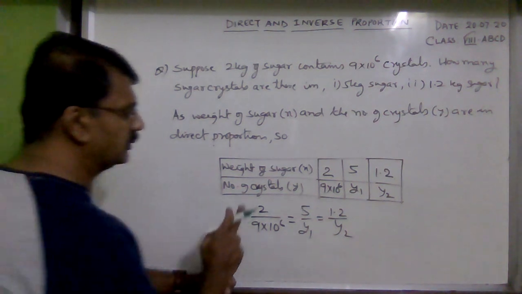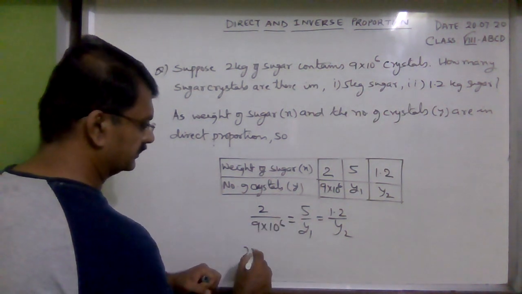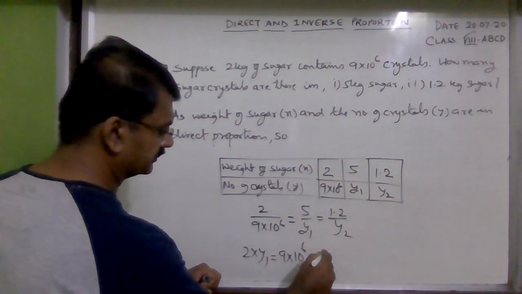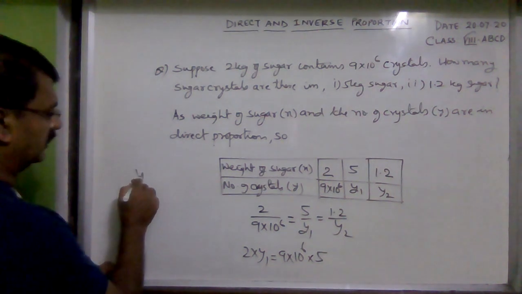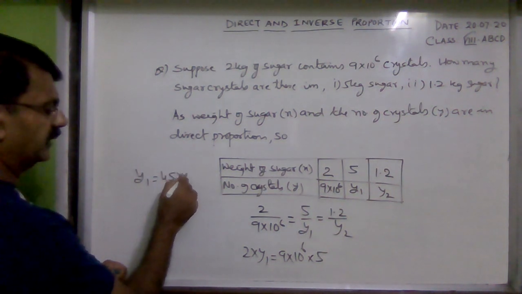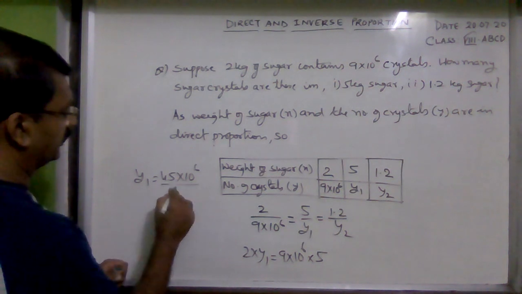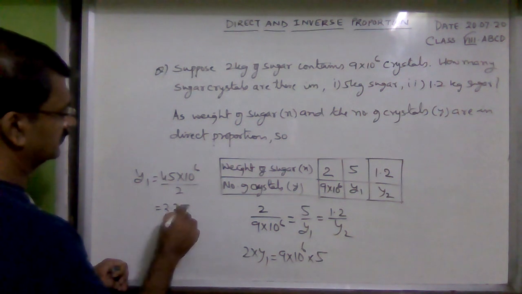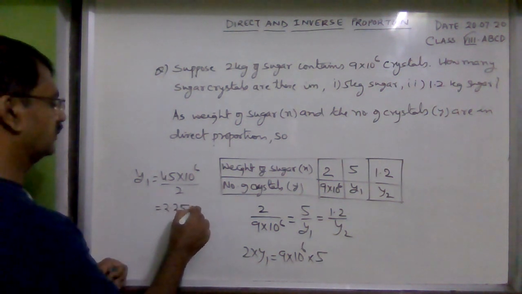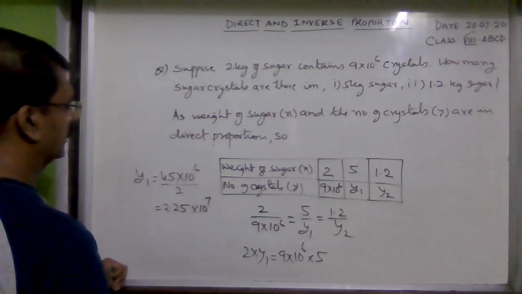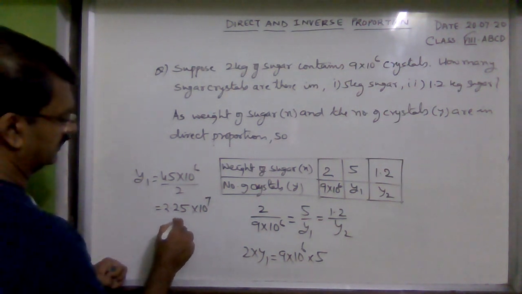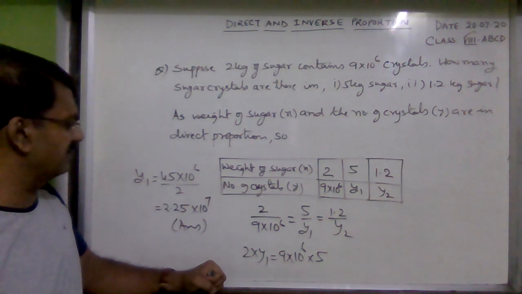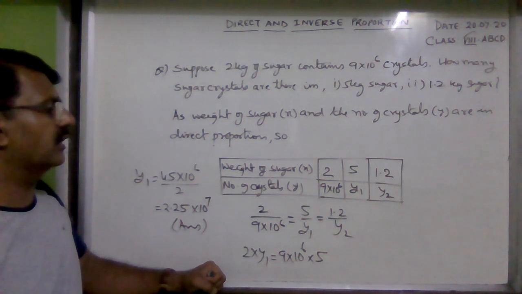Okay. First of all, you equate the first and the second. y1 will be equal to 45 into 10 to the power 6 upon 2. So 2.25 into 10 to the power 7 is your answer. 2.25 into 10 to the power 7 will be the number of sugar crystals.